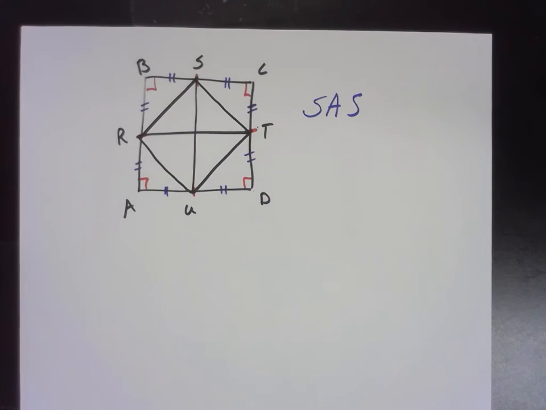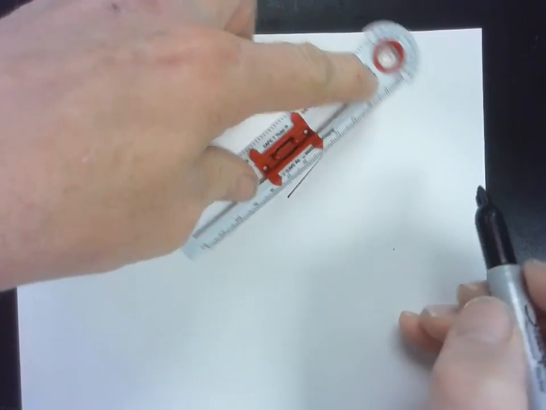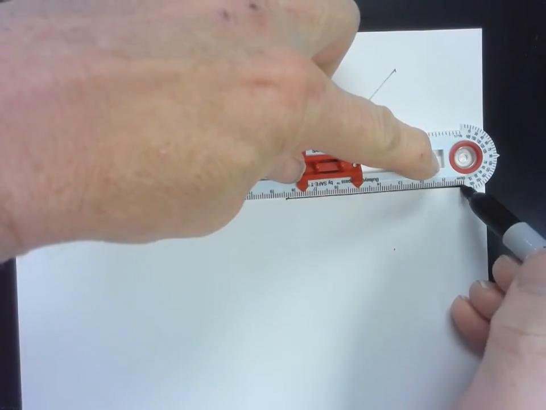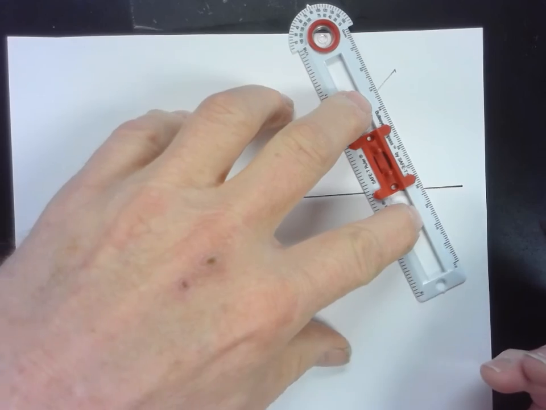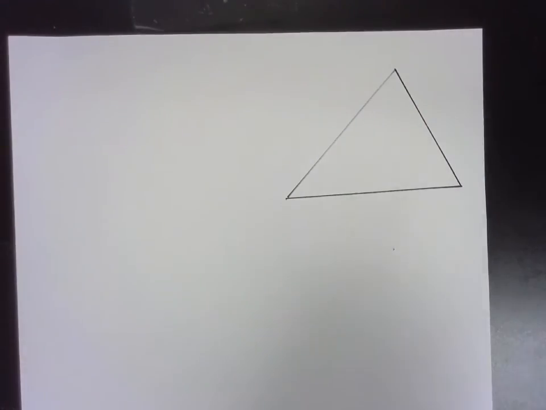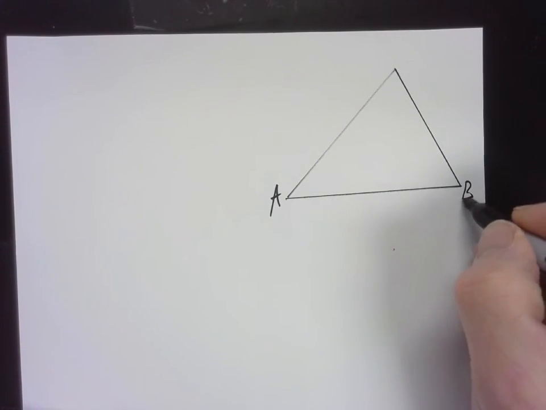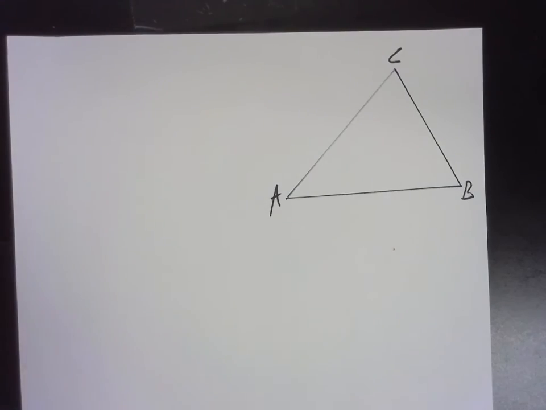You can do that with your compass. You see how they've done it. You can follow that through, but I'm just gonna draw a different triangle. Theirs looks almost like an isosceles or an equilateral triangle, doesn't it? I'm going to draw one that's not quite isosceles or equilateral, ABC, and then I'm going to copy it.